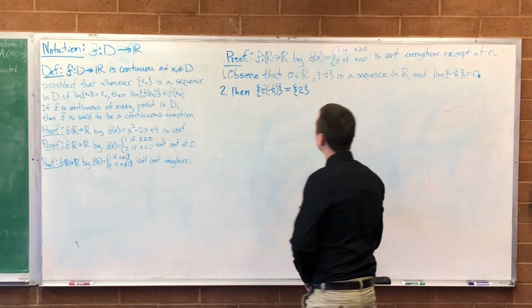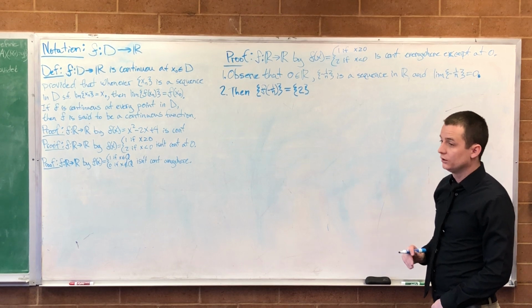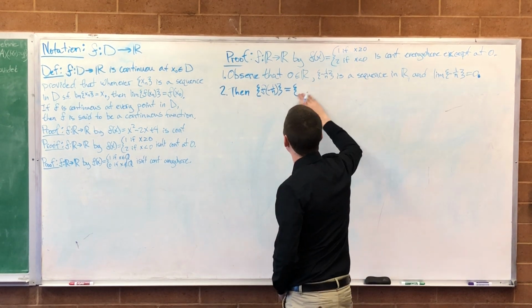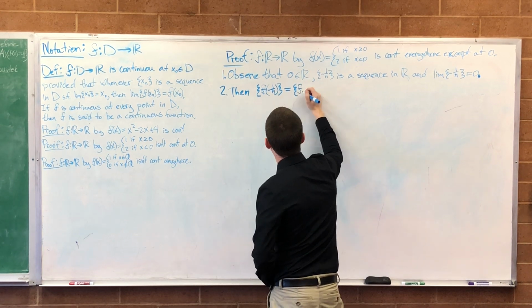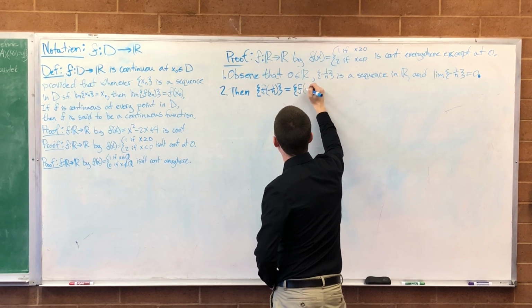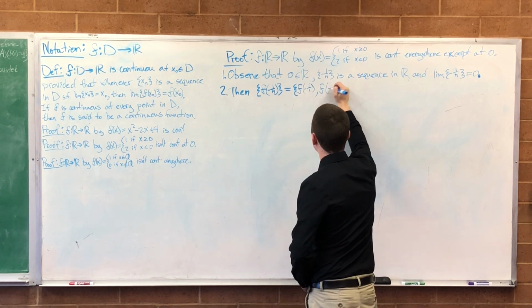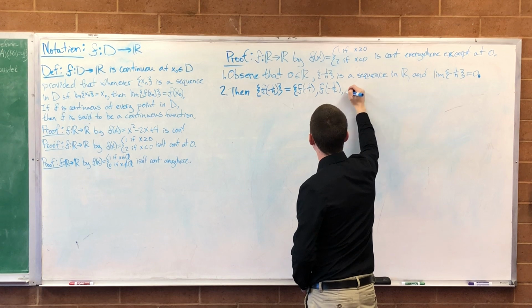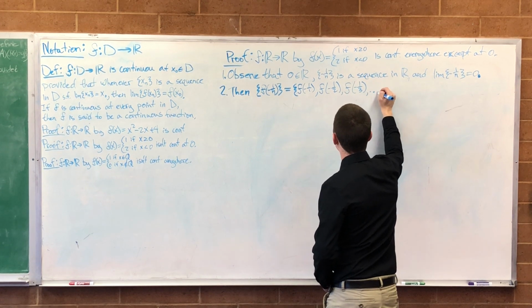Is your function on the inside of the sequence or the outside? The inside. Okay. So this is equal to f of negative 1 over 1, comma, f of negative 1 over 2, comma, f of negative 1 over 3, comma, dot, dot, dot.